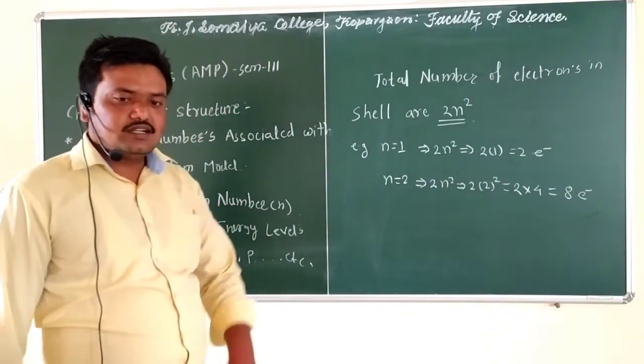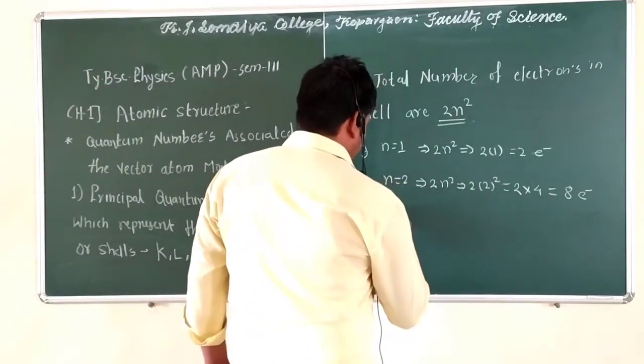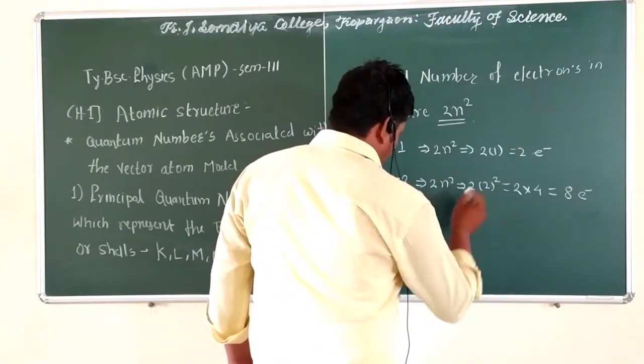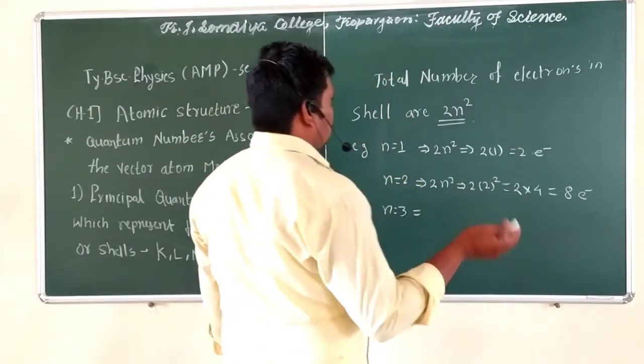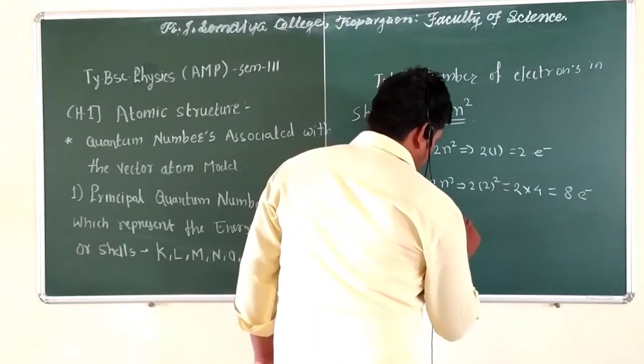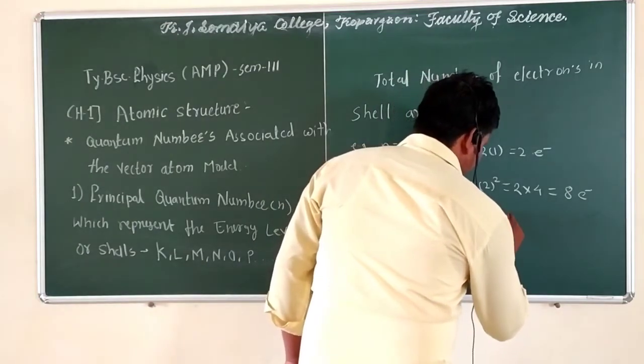Okay, taking one more example, n is equal to 3. Our formula is that the total number of electrons in a particular shell is 2 into n square.